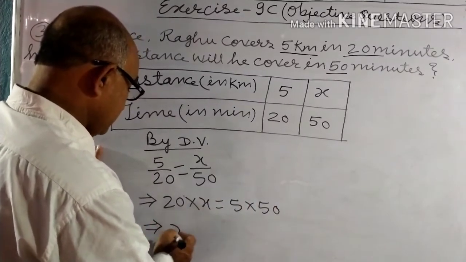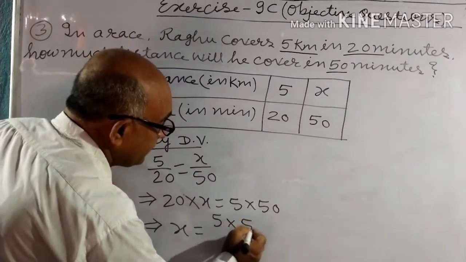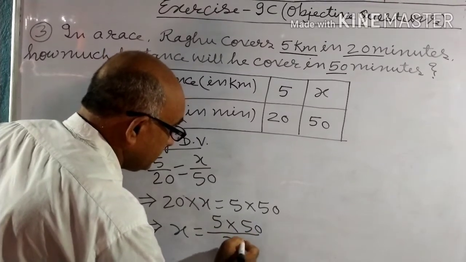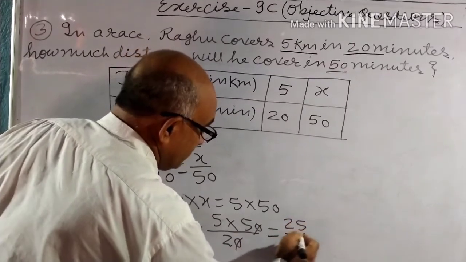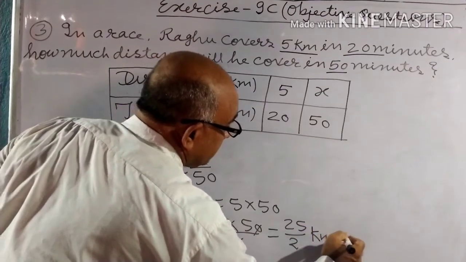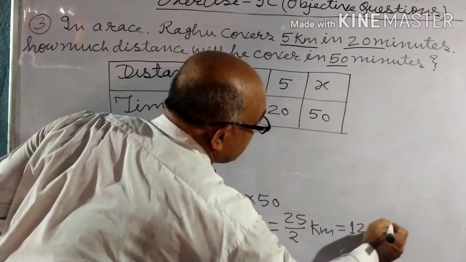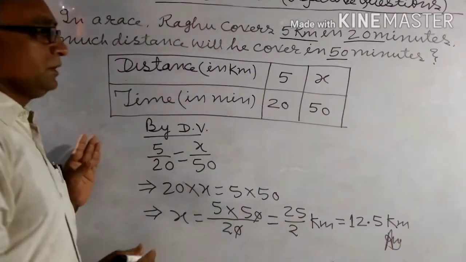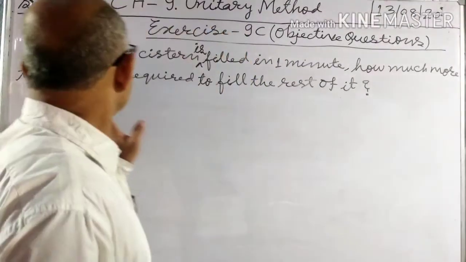That implies x equal to 5 into 50 by 20. Zero and zero cancel. 5 fives are 25 by 2 kilometer, equal to 12.5 kilometer. Answer of this question. Understand and write it.